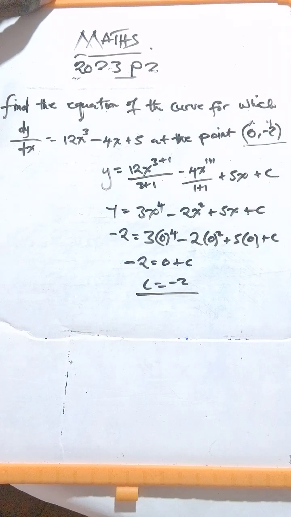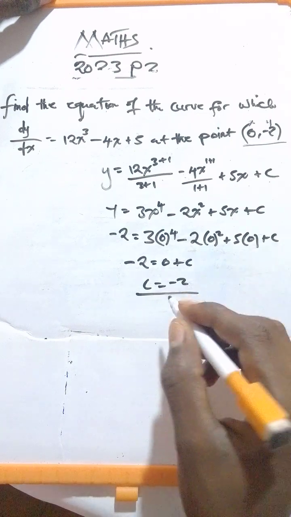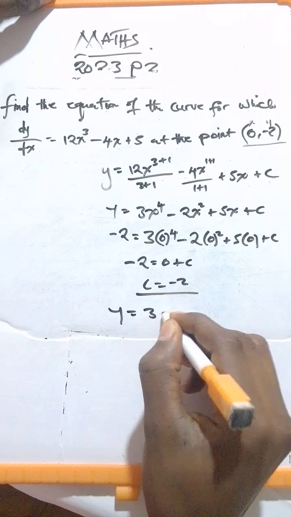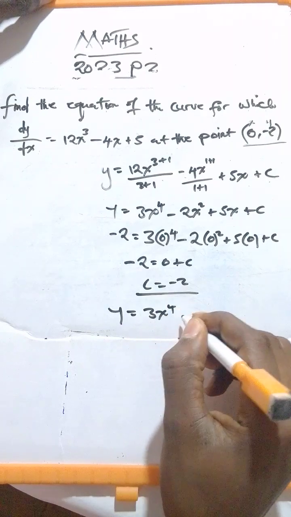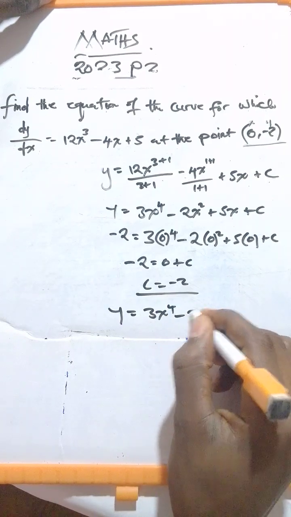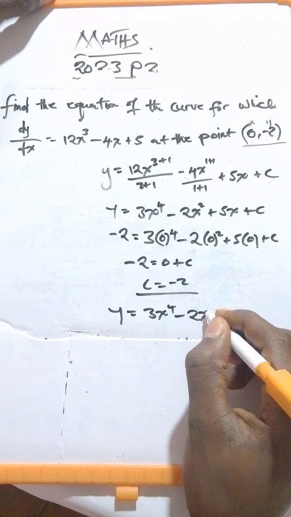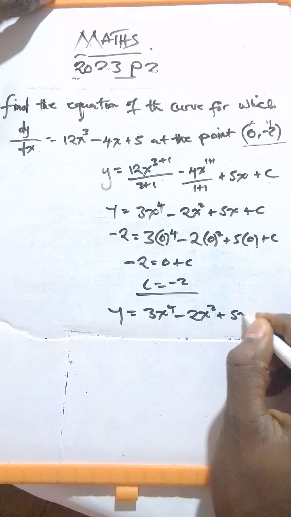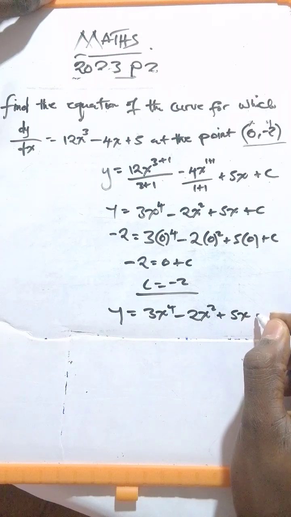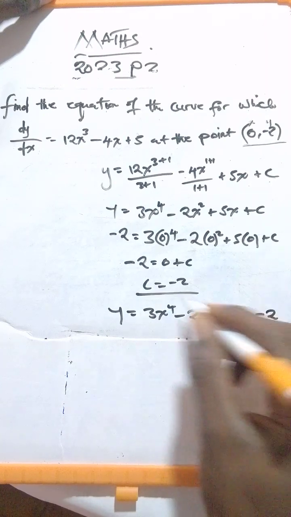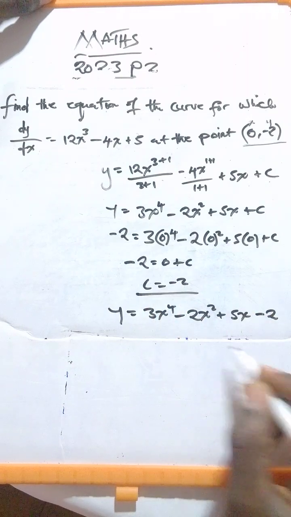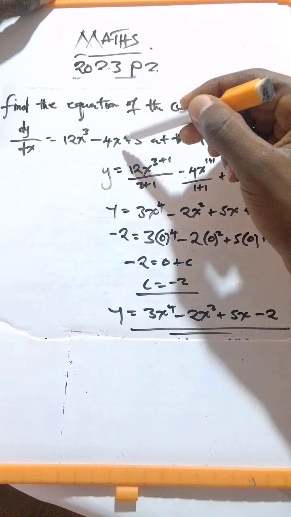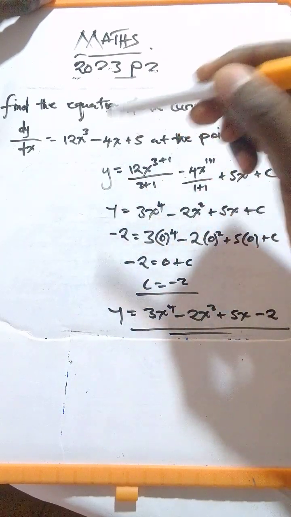Having done this, we can say y is equal to 3x to the power 4 minus 2x to the power 2 plus 5x, then minus 2, which was the value of c. So this was the original equation, where the equation in the question came from.